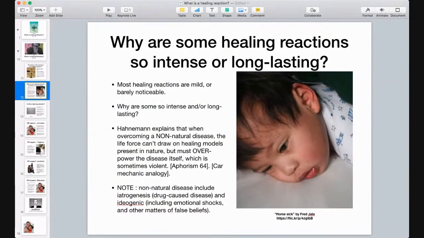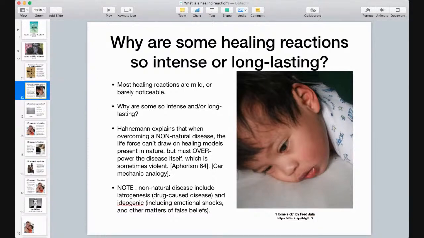So here is an important question, and it is, why are some healing reactions so intense or long-lasting? Now, most healing reactions are relatively mild, or in fact barely even noticeable. More often than not, a patient will say, after they come back at their 28-day mark, that they're not sure that anything or much of anything happened with the remedy.